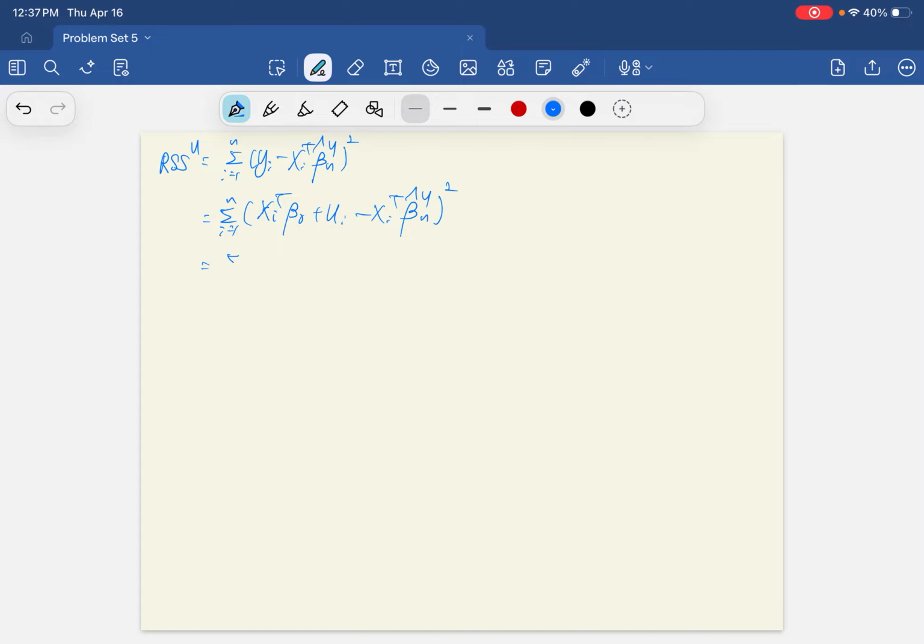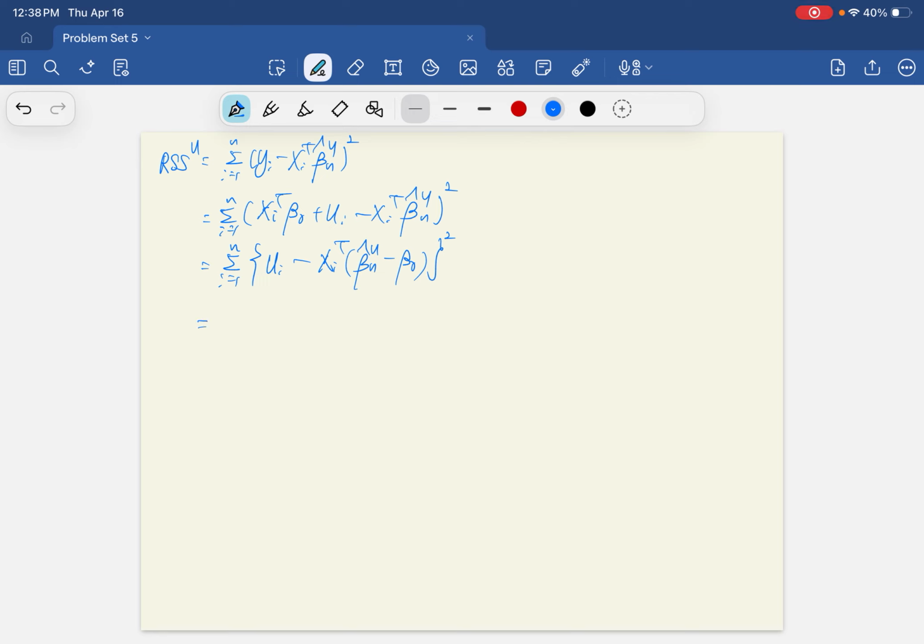That can be written as this times (u_i plus x_i transpose (beta hat_u minus beta_0)) squared.